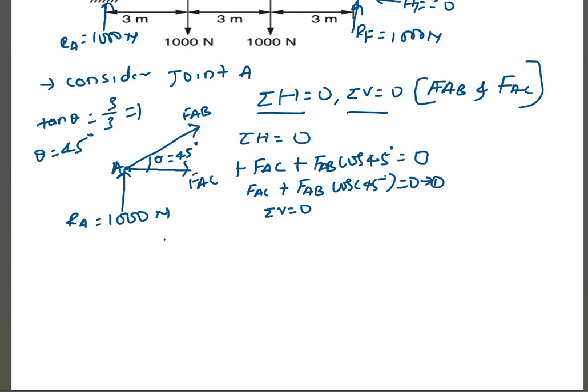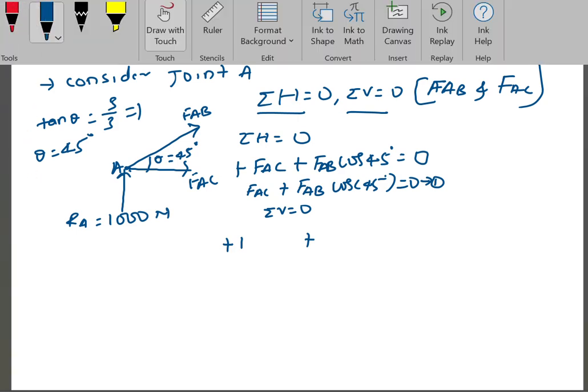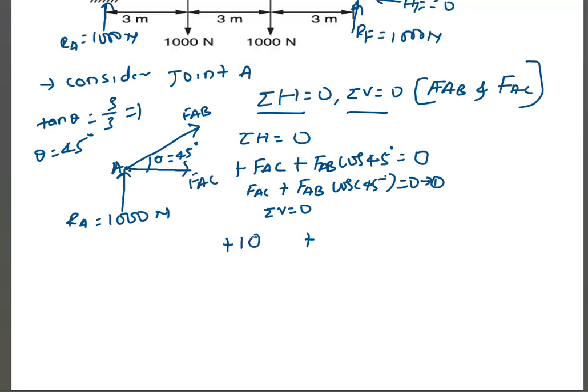One is 1000 Newton, plus FAB sine 45 degree, because both the forces are acting in the upward direction.